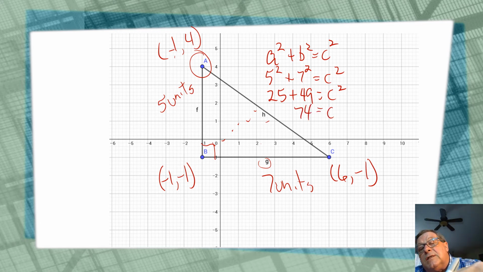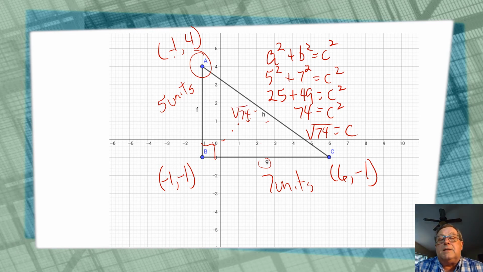That equals c squared, and so c is equal to the square root of 74. So this distance, segment AC, is the square root of 74.